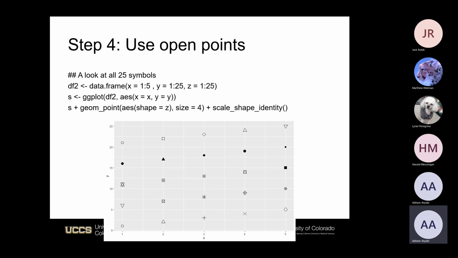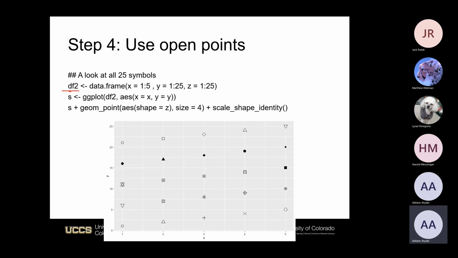So we created a dummy data frame that has X and Y and Z. Z is going to be the values of 1 to 25, and these values are actually the values that if you send to a shape, then it will basically create some sort of symbol on the screen. So X and Y are going to be the location of those symbols.